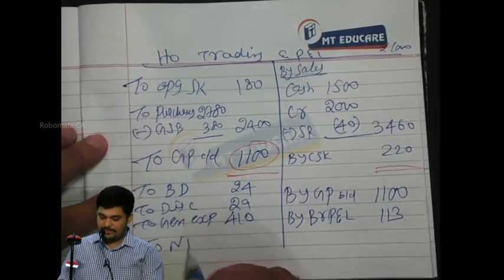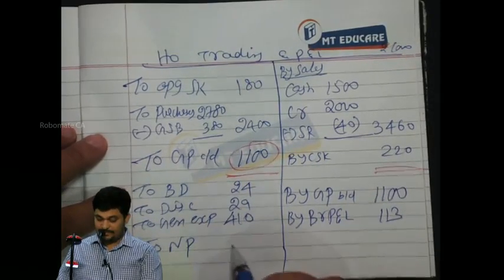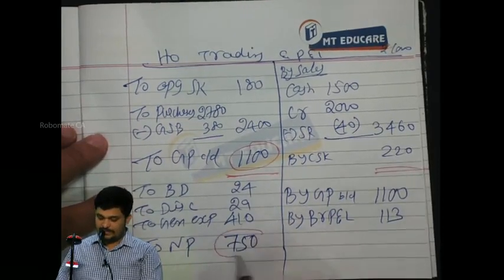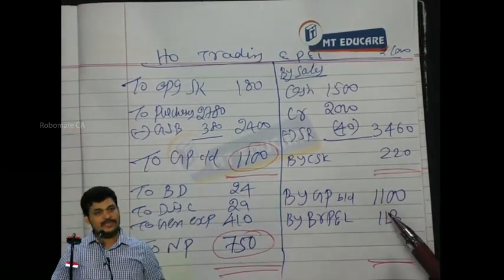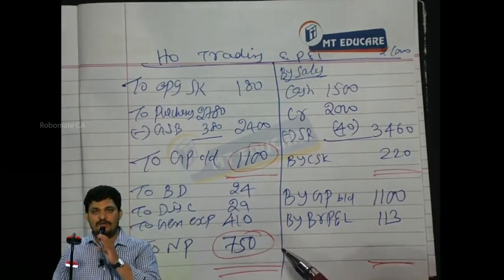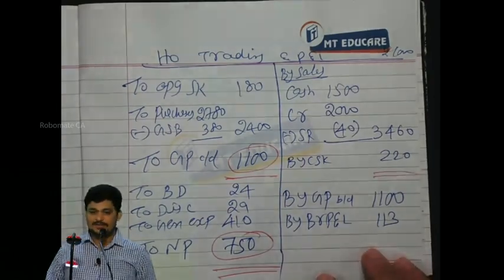To net profit of the business as a whole 750. This is the profit of the business as a whole by doing business through head office and branch together, making a net profit of 750. Everybody? Okay.